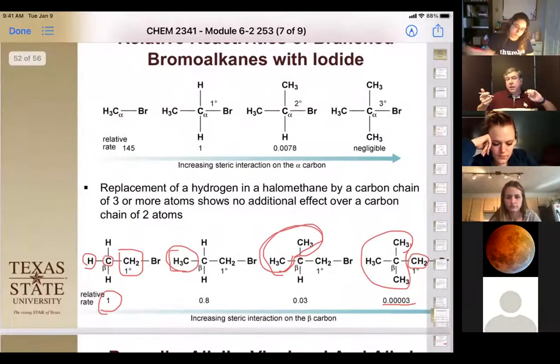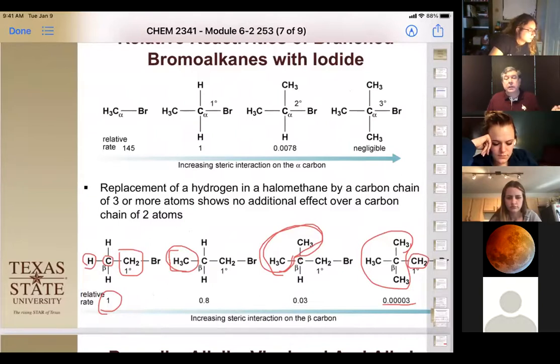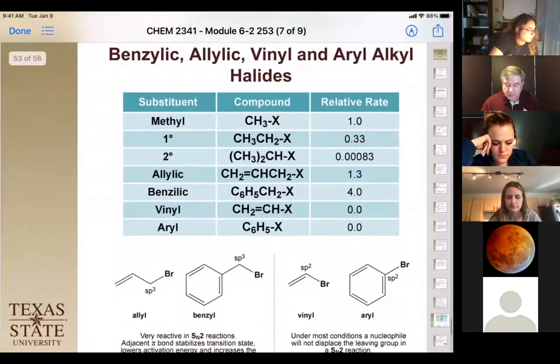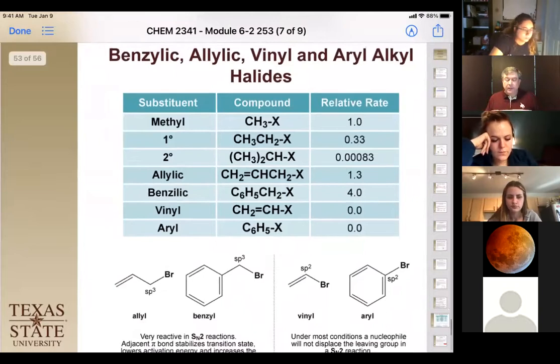So, questions on sterics? There's a lot of things to look for: how strong the nucleophile is, how good the leaving group is, whether or not it's going to go based on the basicity of the leaving group, and now sterics.